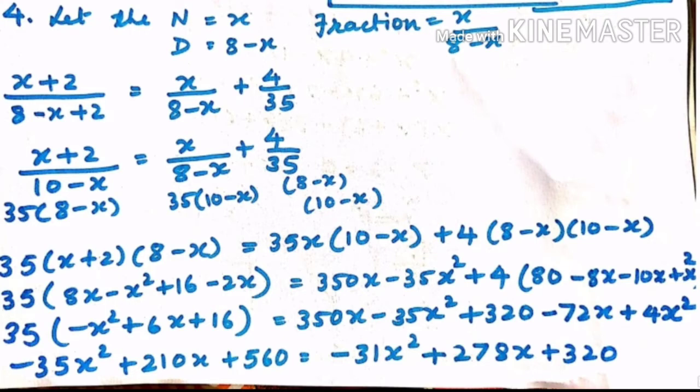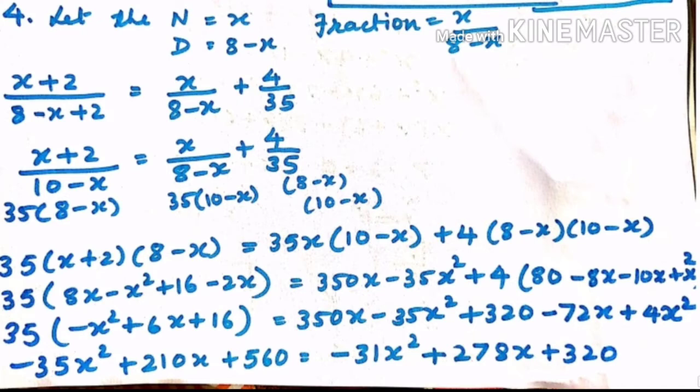The value of the fraction is increased by 4 by 35, which means the original fraction is increased, plus 4 by 35. Okay, so this is our equation. Now we will simplify our left hand side, that is x plus 2 upon 10 minus x is equal to x upon 8 minus x plus 4 by 35.